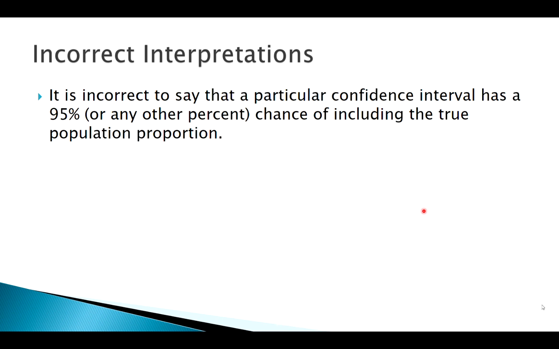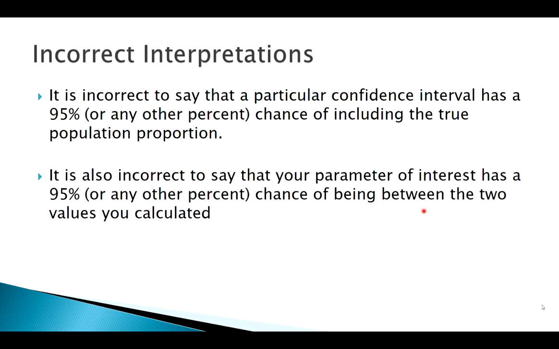You might say something like, there's a 95% chance that this interval I created includes my parameter of interest, or there's a 95% chance that this parameter is between these two values, the endpoints of that interval. No, there's a 100% chance that that parameter is what it is.